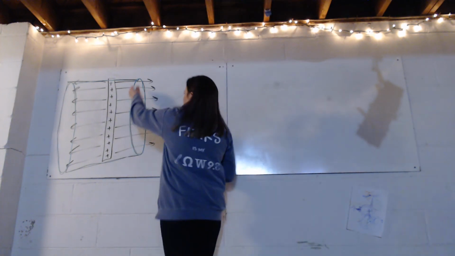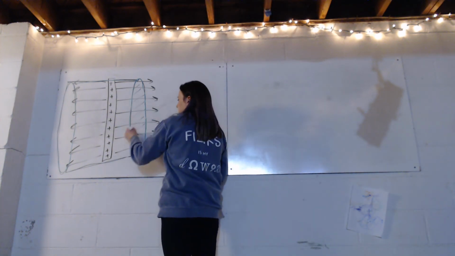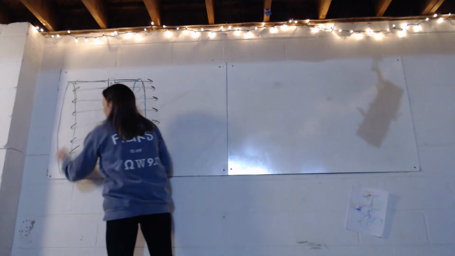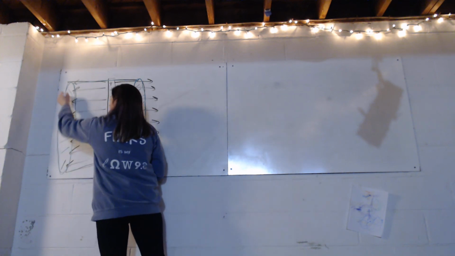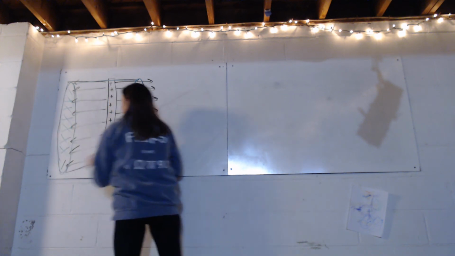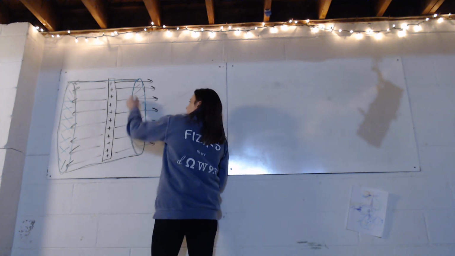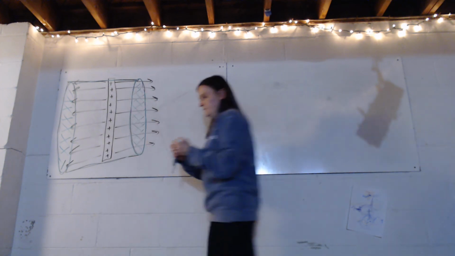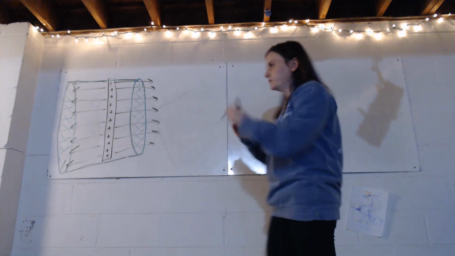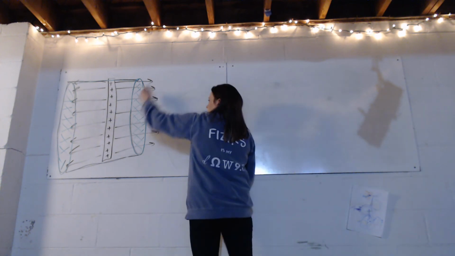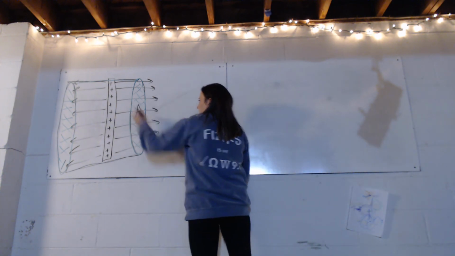So you have this face, which is a circle, and this face, which is a circle. And we know that the area of a circle is pi r squared. But actually in this derivation, they just call the area of the circle A. So let's just call that A.